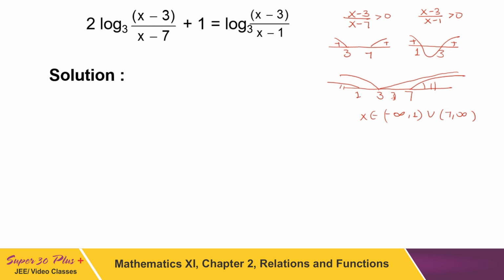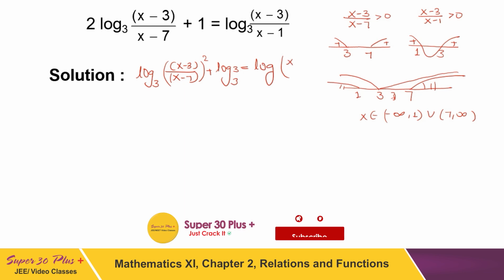Now we are going to solve it by using the properties of log. It will become log base 3 of (x minus 3 upon x minus 7) whole square. 1 can be written as log 3 base 3, equal to log of x minus 3 upon x minus 1.